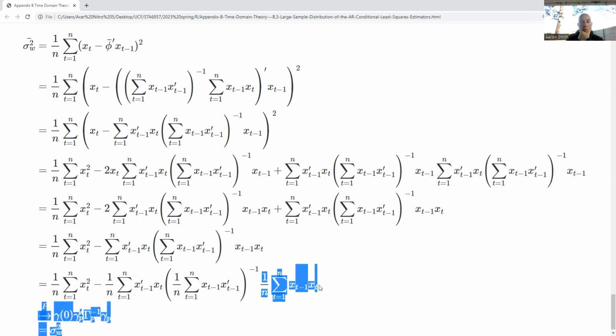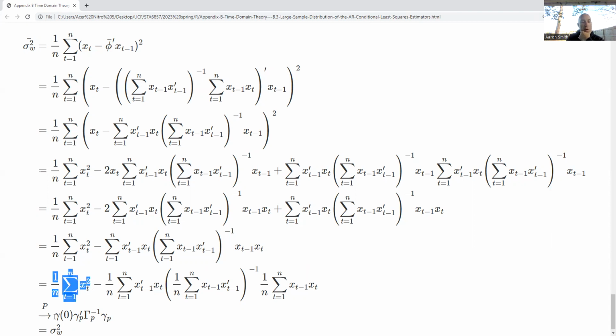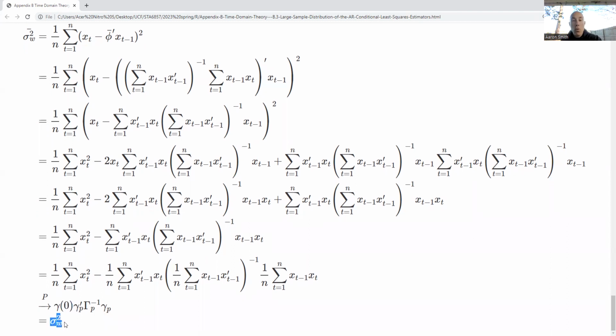This is going to converge to that. This converges to the variance part. There should be a subtraction right there. And this inverse converges to the inverse of the covariance matrix. And so I know that this is going to converge to the variance of our white noise process.